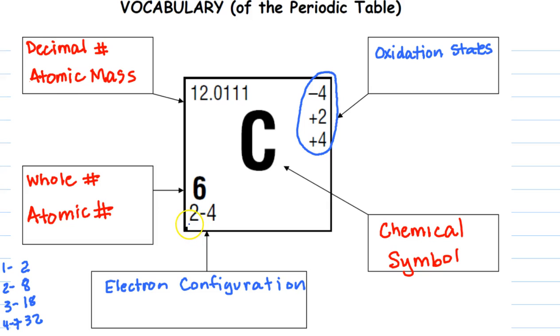What this is saying is that in a carbon atom, the first energy level has 2, and then the second energy level has 4. There's no other energy levels beyond that. And so this you can also tell just by looking at where the element is positioned on the periodic table. So you're not going to necessarily see that information on all periodic tables.